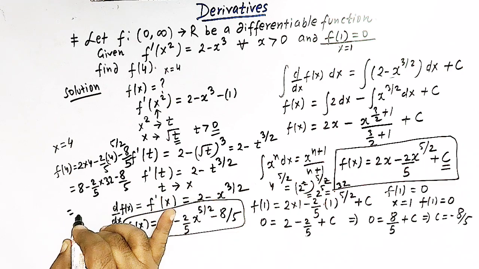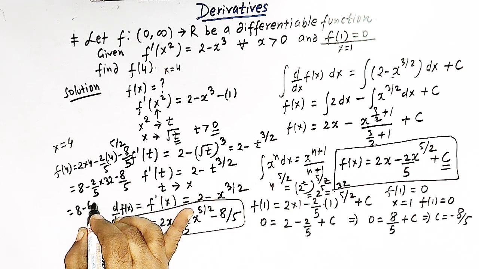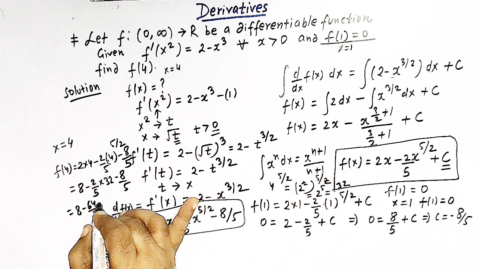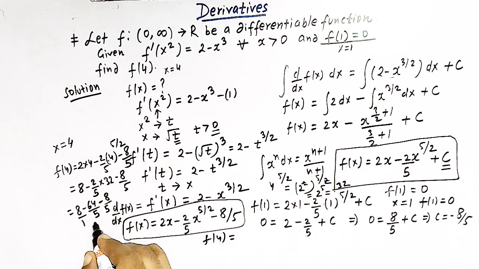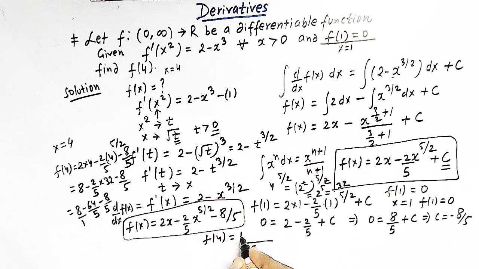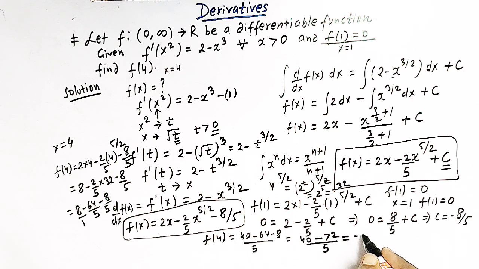So now we have multiplied, that is minus 2 over 5 times 32, then we have minus 8 over 5. Now simplifying it, we have 8 minus 64 over 5 minus 8 over 5. So now f of 4 is equal to, taking the LCM, that is 5, we have 40 minus 64 minus 8 over 5. So 40 minus 64 minus 8 is minus 32, and here we have 5, so this is minus 32 over 5, right?